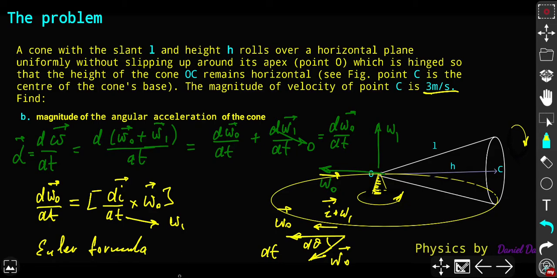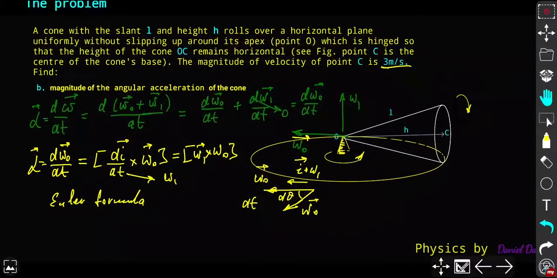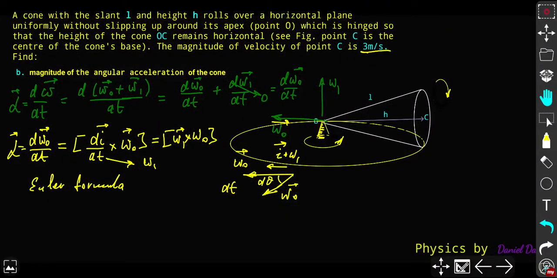That means, in our case, we will use the vector product for omega 1 and omega 0. Of course, because we need to define the magnitude of angular acceleration, alpha, we'll find that it's simply omega 1, omega 0, and times sine of the angle.